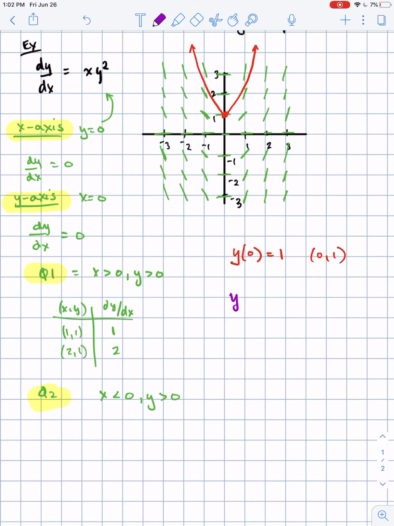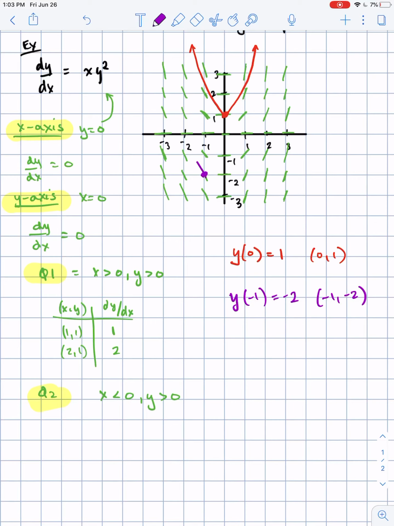Let's say we have y of -1 equals -2. What would this look like? Remember, your x-axis has a slope of 0, so it's going to flatten out right about there, where it's going to come and flatten out at 0.